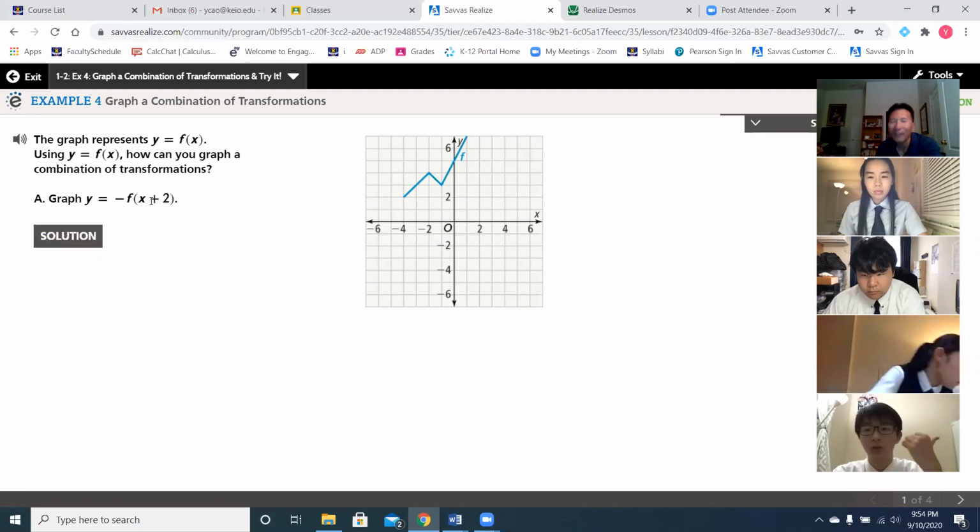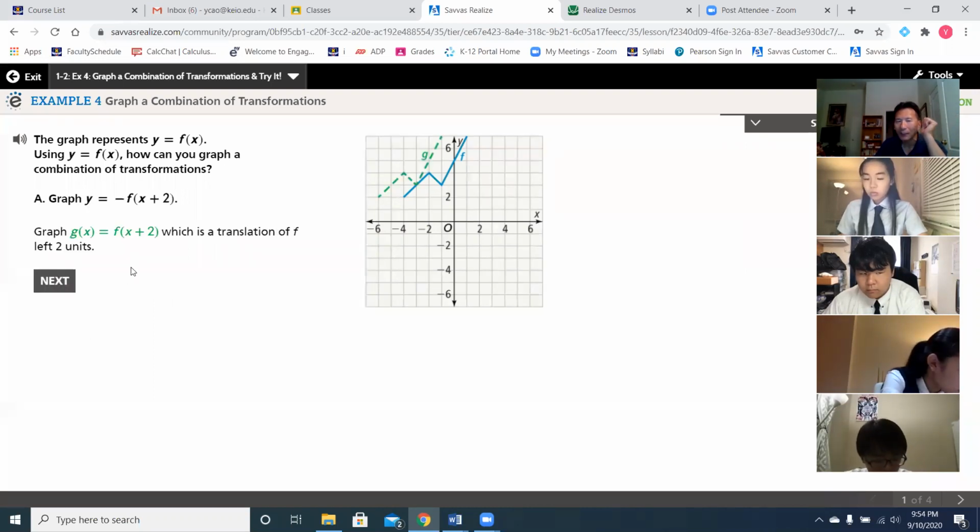Left. Left, very good. And then it's reflected across the x-axis. Very good. First, move to the left by 2 steps, and then flip over across the x-axis.